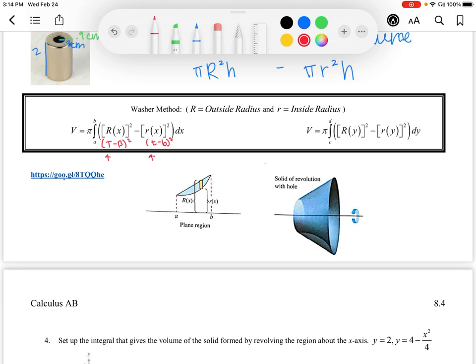And then if we're talking about going around the y-axis, so that's going to switch it to y values, then it would be a big R minus l squared and the lowercase r minus l squared. So we're talking about big versus small, and then also your formula for x's and your formula for y's.